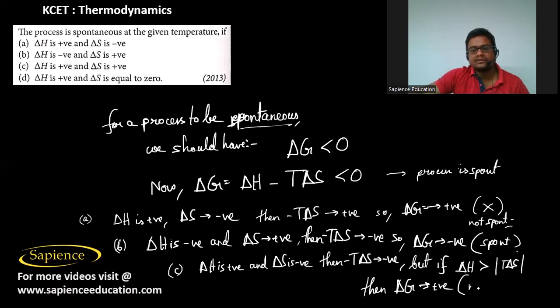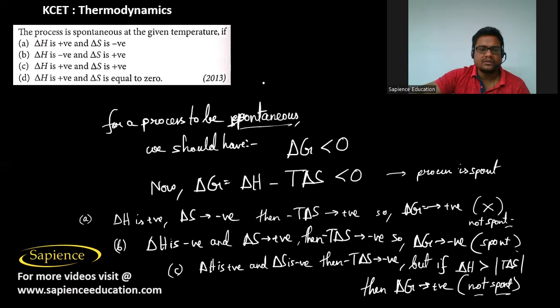So here also we can't say if the process is spontaneous or not. If the magnitude of T delta S is higher than delta H, then only delta G will be negative and the process will become spontaneous. Else if the value of delta H is more than the magnitude of T delta S, then the process will not be spontaneous since delta G will be positive.